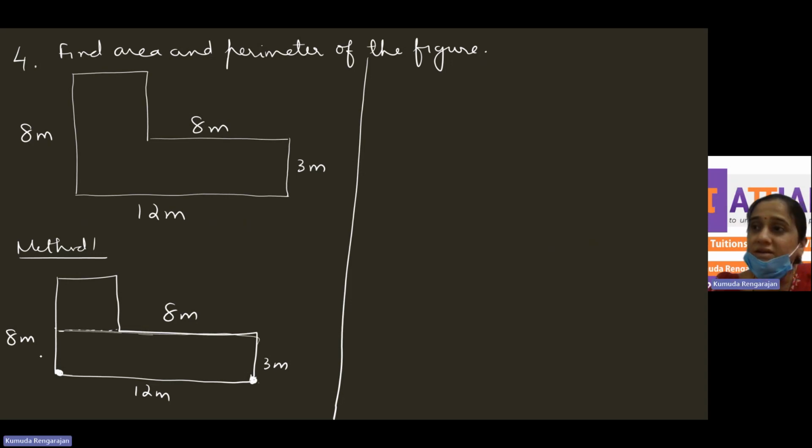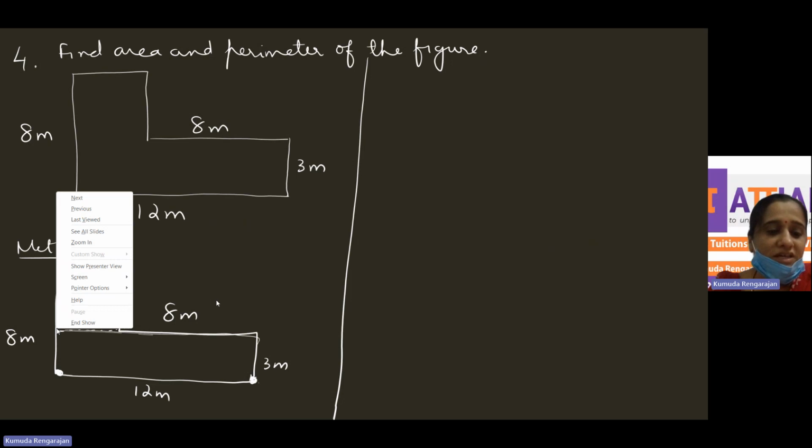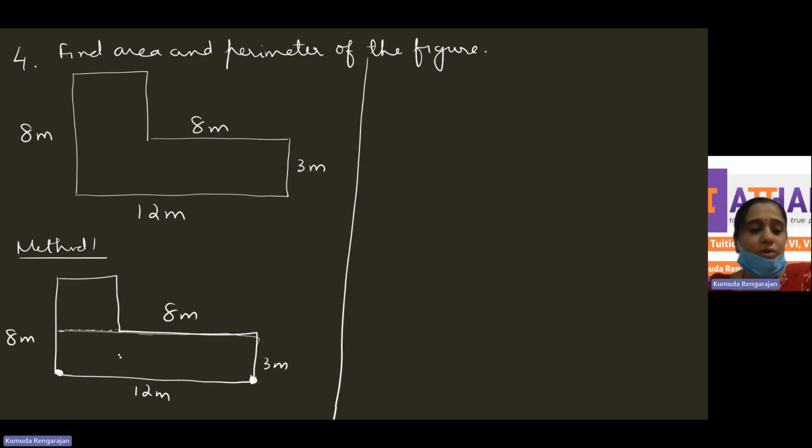This one is a rectangle, so opposite sides are equal. So from here to here also will be 12, because this is 12. Opposite sides are equal in a rectangle. So this full thing is 12, of which this portion is 8.